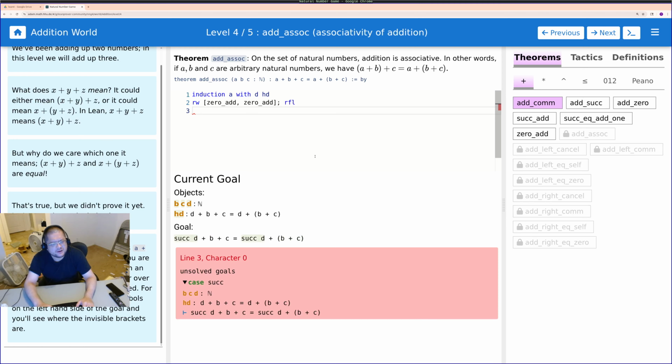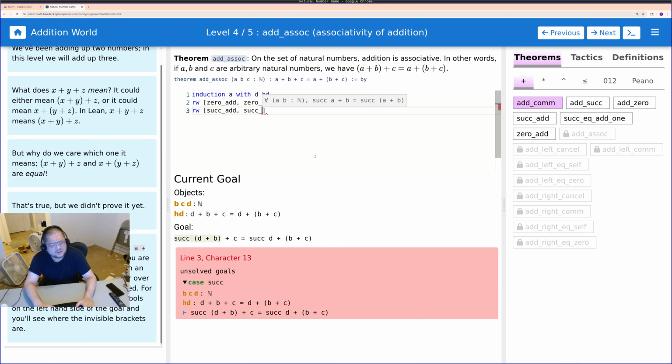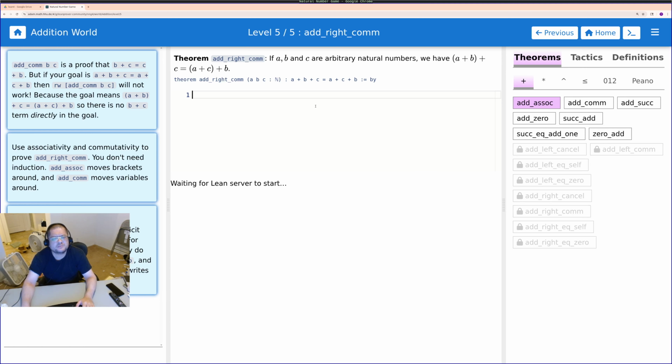Now comes the fun case. Well, we take here as base case, now have the inductive case. Are we done? Wait, we are done. That was easy.